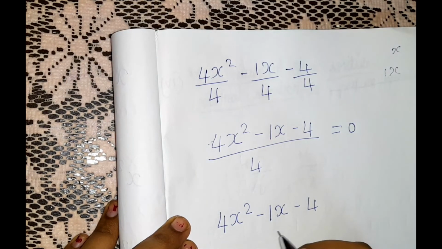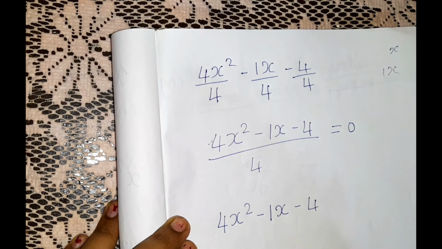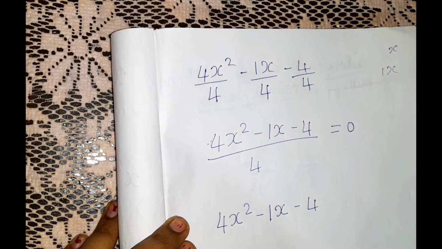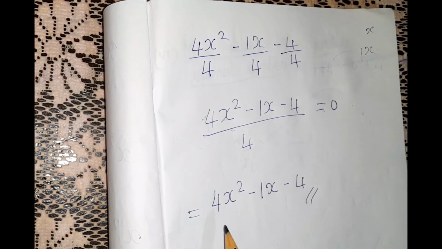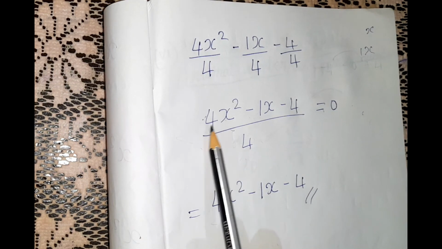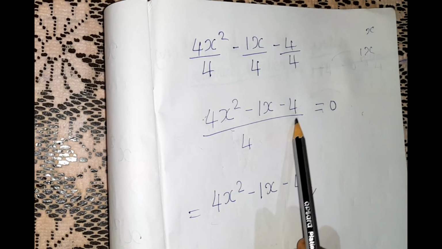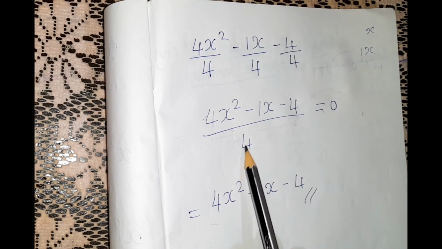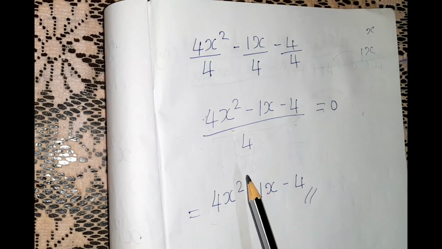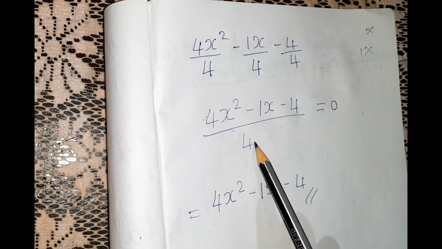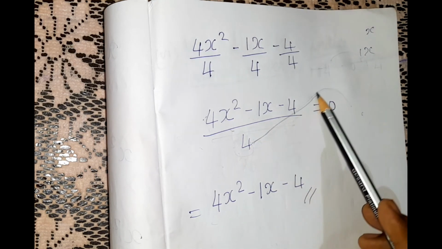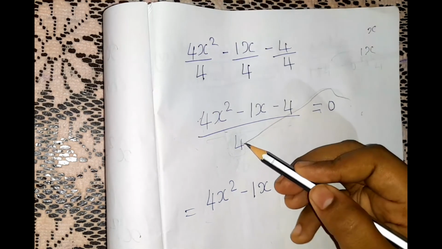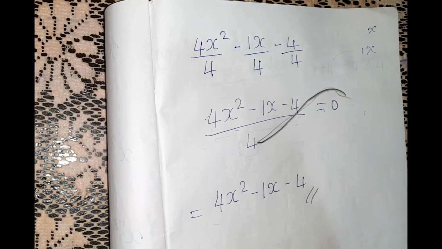So, now I wrote minus 1x. That is because for your understanding, you should not get confused in this. Okay. You guys might be wondering why we didn't write divided by 4. So, there is a reason for it. Okay. So, the reason is, as you guys can see, 4x square minus 1x minus 4 divided by 4. Am I right? So, here the 4 is in the division form. So, when this 4 comes to this side, that is the right side, it changes its operation from division to multiplication.